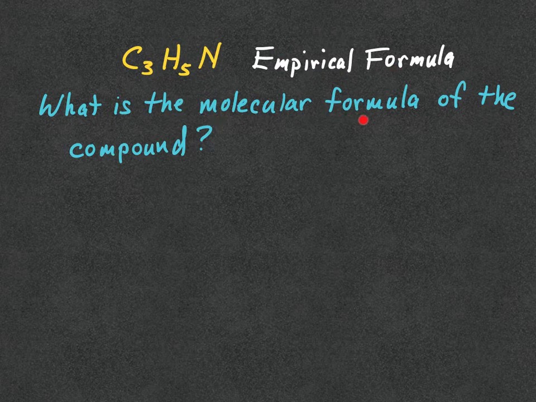Now can we find the molecular formula of the compound if it's different from the empirical formula? Well, in order to do that, we need another piece of information. To find the molecular formula, we need the molecular weight.